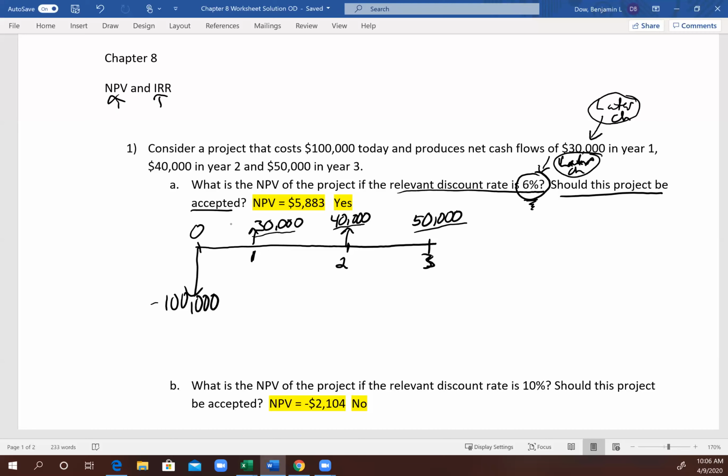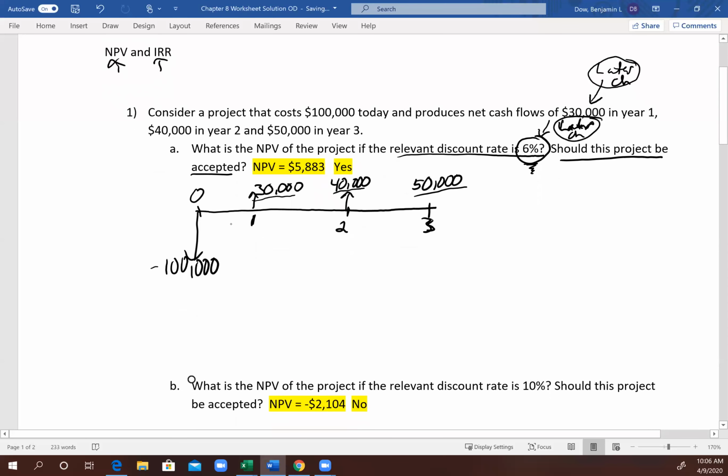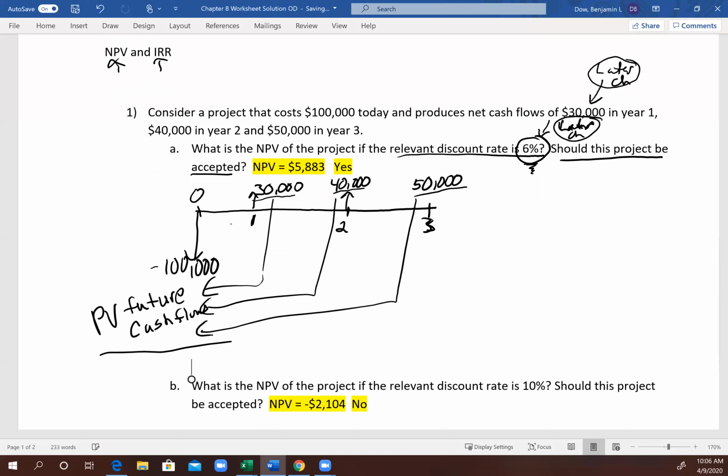What was the answer to every question in this class? Present value of future cash flows. So what we're going to do is find the present value of future cash flows and compare it to the initial investment.